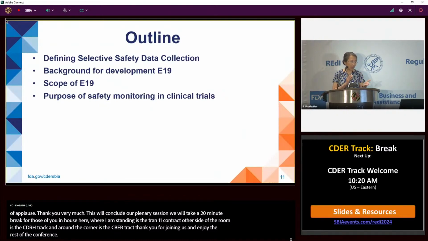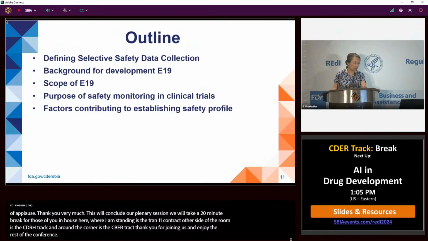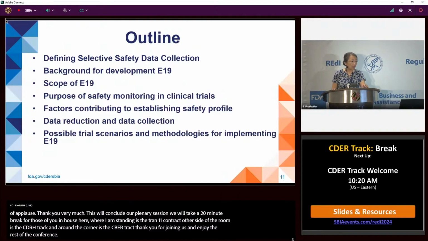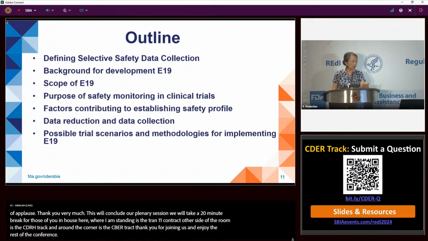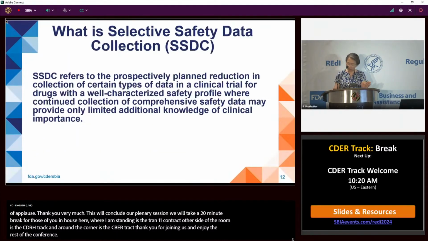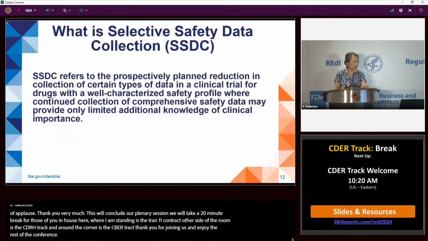This is going to be that balance between safety monitoring and what E19 or selective safety data collection entails. I'm also going to talk about what we mean when we talk about reduction in data collection, or what data really should generally always be collected. Then I'll talk about possible trial scenarios and methodologies for implementing E19. And then I'll conclude with remarks and next steps.